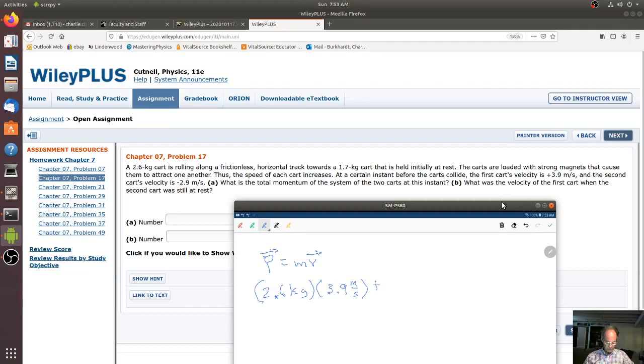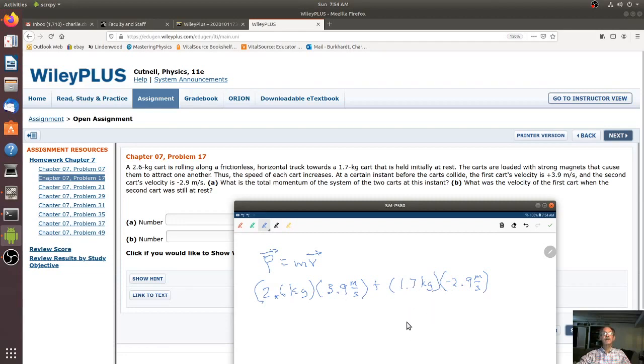The second one has a mass of 1.7 kilograms and a speed of negative 2.9 meters per second. Well, that is what it is. I believe it's going to be positive, right? Because 2.6 and 3.9 are each bigger than 1.7. Yeah, this is going to be about twice as big as this. So it's going to be positive.